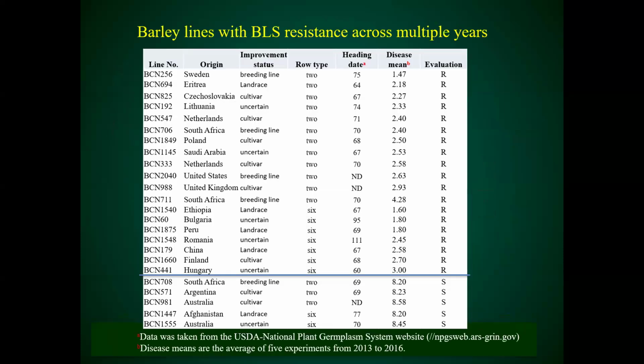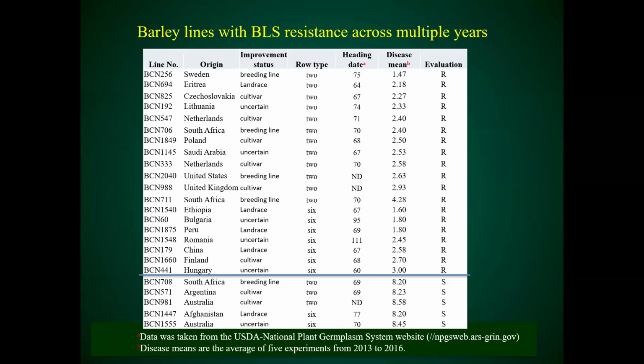This is a list of lines, about 19 lines listed here, that look consistently resistant across years and across different inoculation methods. I would consider a 1 to 3 rating as resistant, and some have pretty good heading date, similar to current cultivars.